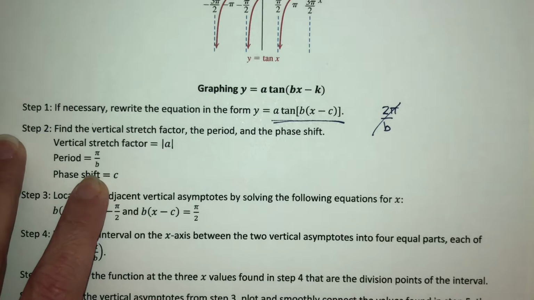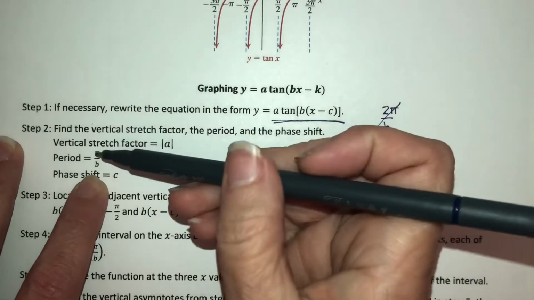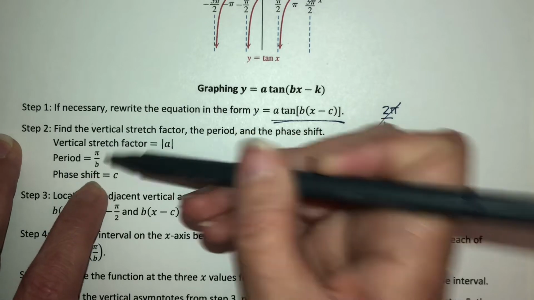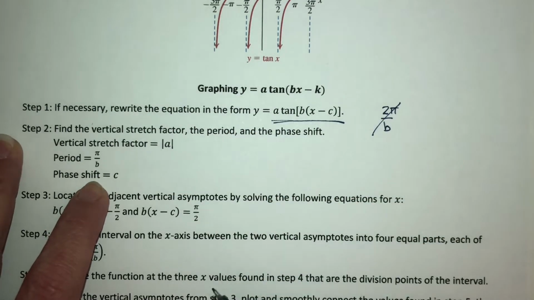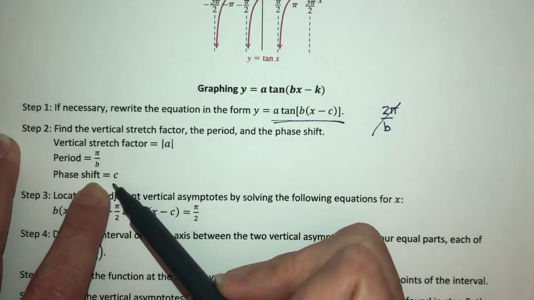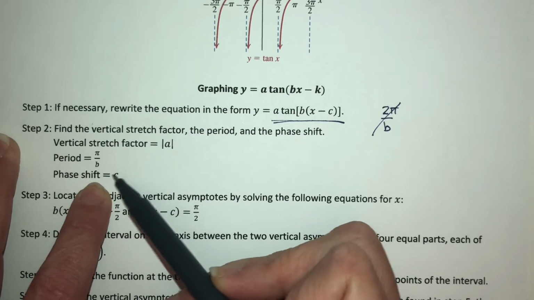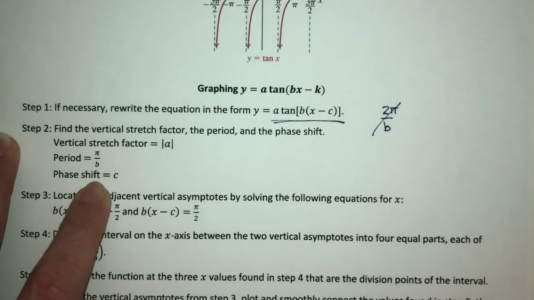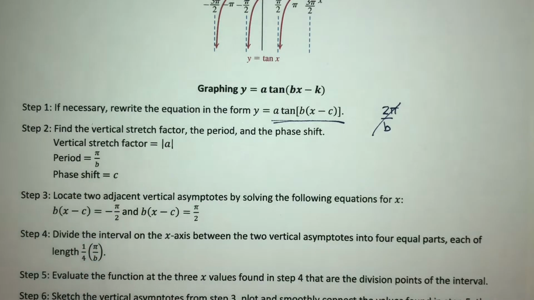So that's the same sort of pattern. You take the period of your function and then divide it by that number that's right there. And then your phase shift or your horizontal shift is c. So this is very similar. This is just a different name right here, but it's the same basic concepts that we have been dealing with.